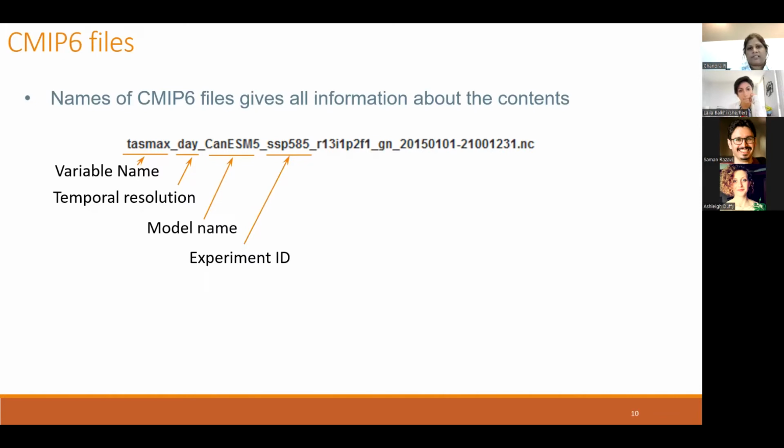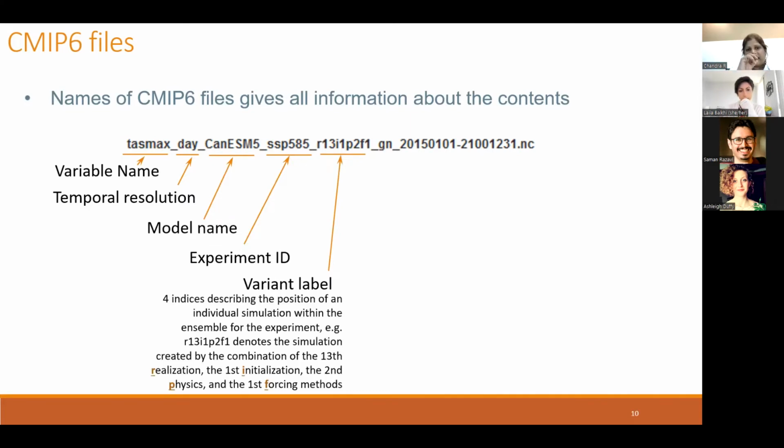Previously I've shown the historical, but here I have selected the SSP5-8.5 scenario, and that's the experiment ID here. And this particular number is called a variant label. I'll get back to this variant label when I talk about the internal variability. But basically these are 4 indices: R, I, P, F. They represent the realization, initialization, physics, and forcing.